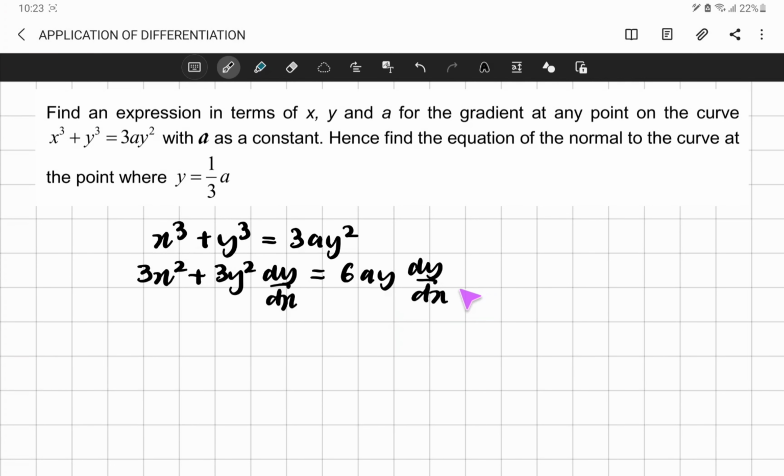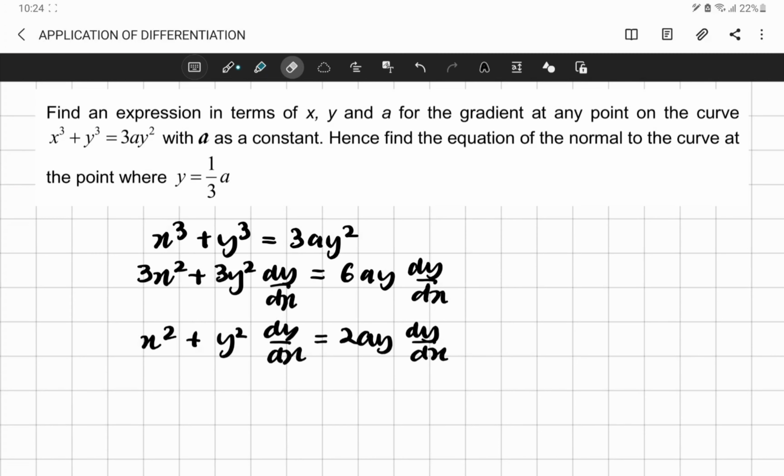Let us divide this equation by 3. Then we're going to get x squared plus y squared dy/dx equals 2ay dy/dx.